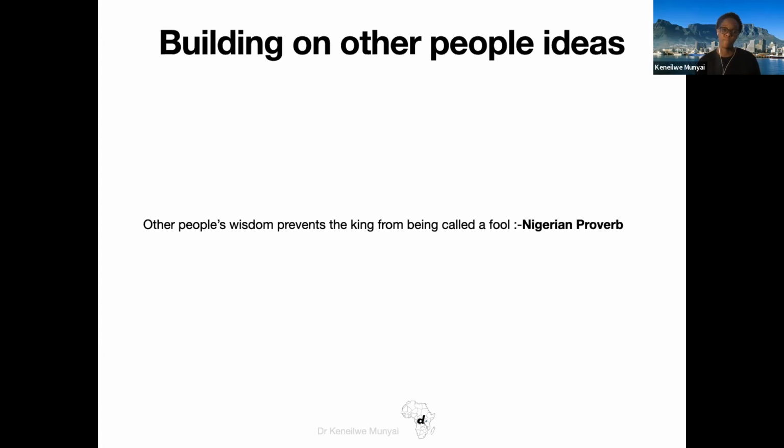And I love this proverb from Nigeria that says, other people's wisdom prevents the king from being called a fool. So by putting ideas out there and collaborating with other people, you get to come up with even better solutions to complex problems. And also the world that we live in today is so dynamic and complex. There's just no way that one person can be able to solve them. And so this culture of collaboration and embracing the fact that other people can help us see things from a different perspective is quite helpful.